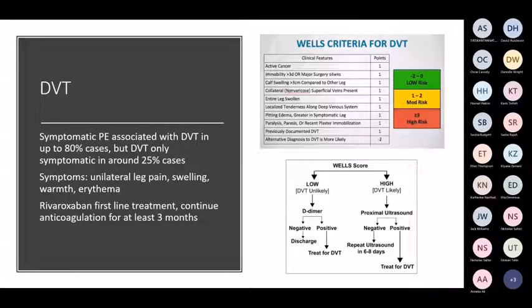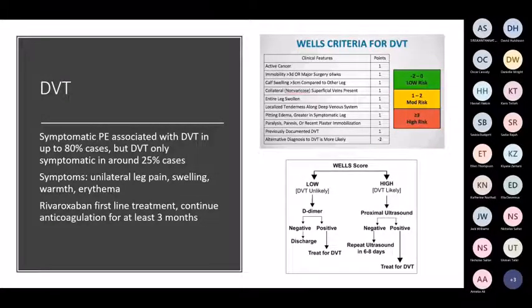But that being said, DVT is only symptomatic in about 25% of cases. So if a patient comes in and you look at their lower limbs, and there's no obvious signs of DVT, it doesn't mean that they're not going to have a PE. In terms of symptoms to look out for, unilateral leg pain, swelling, warmth, and erythema are the things to think about.